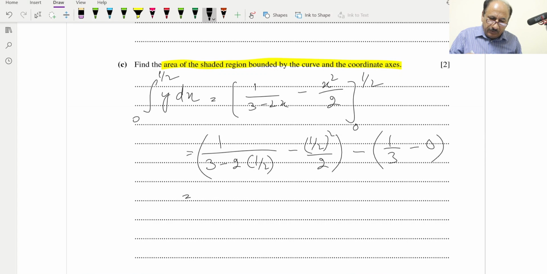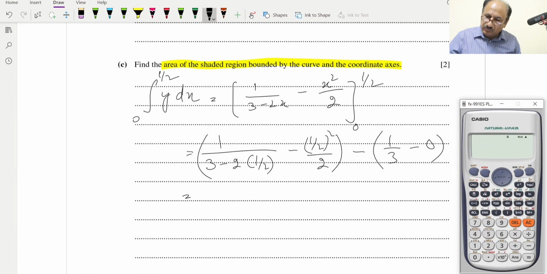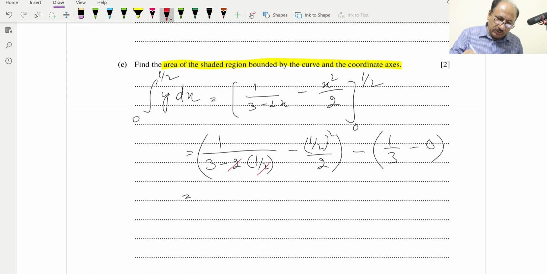If we simplify this with the help of a calculator, or we can solve it mentally: we can cancel this 2 and 2, 3 minus 1 will be 2, so it will be 1 over 2. So we can rewrite this as 1 over 2 minus 1 by 4 over 2, which is 1 over 8, and minus 1 over 3.